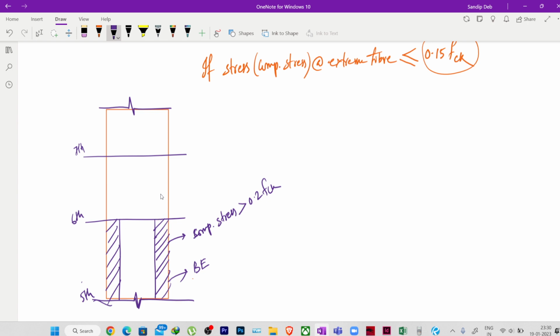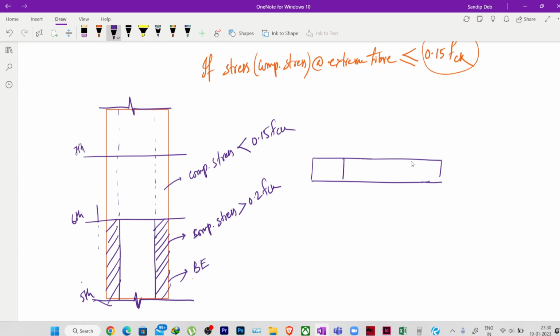Now after this floor, in these end zones, or these end fibers, the compressive stress is less than 0.15 FCK. Okay, so after the 5th floor, up to the 6th floor, we have provided the boundary element. Now beyond this we can discontinue the boundary element, so we do not have to provide it. Suppose up to the 6th floor we have provided like this.